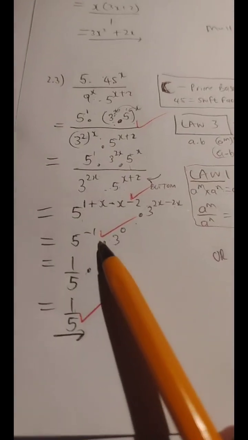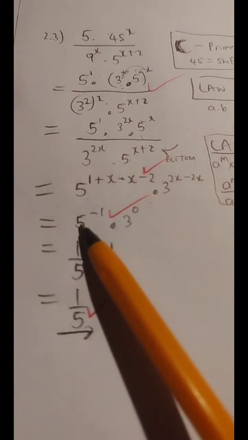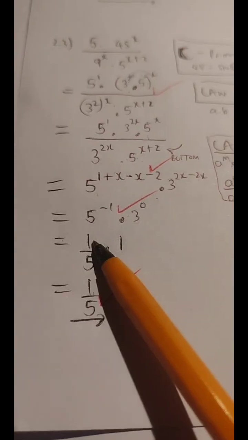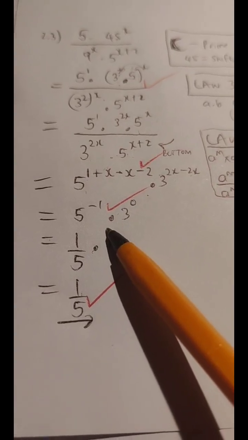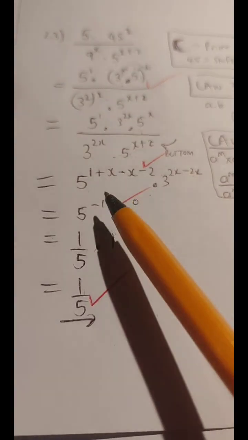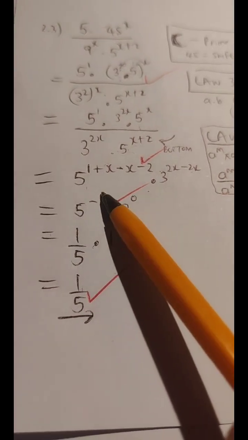Yes, Tsiamo, very good. The reason why we actually then wrote this 5 to the power negative 1 as 1 over 5 is because, as Tsiamo has said in the comment section, very good observation there, we never want to leave our answer having negative exponents.